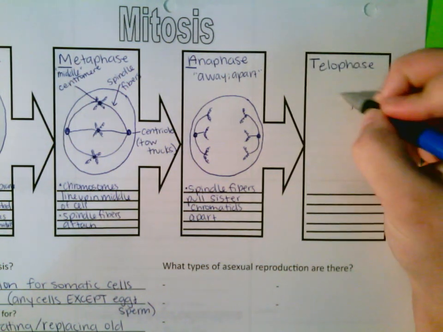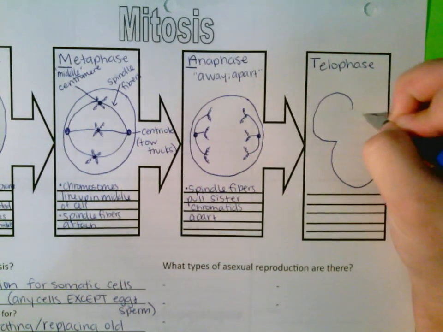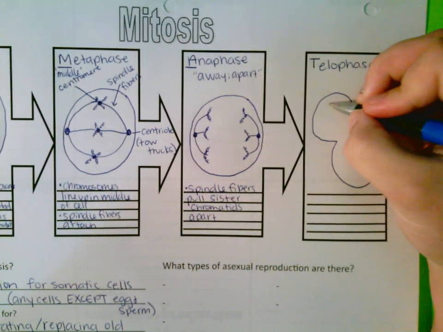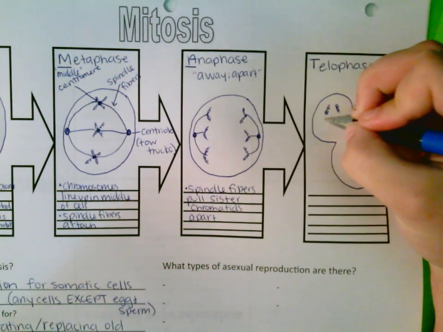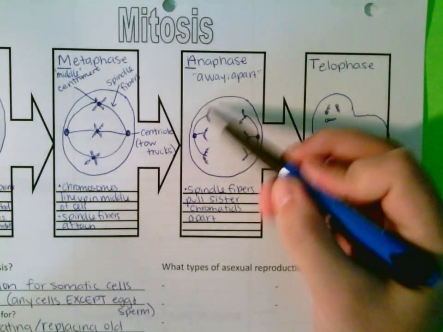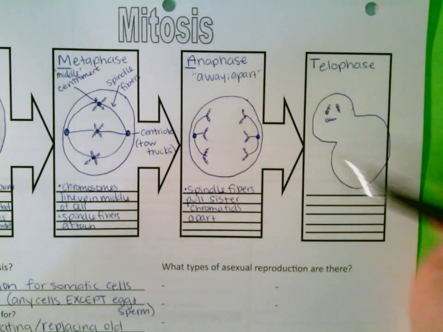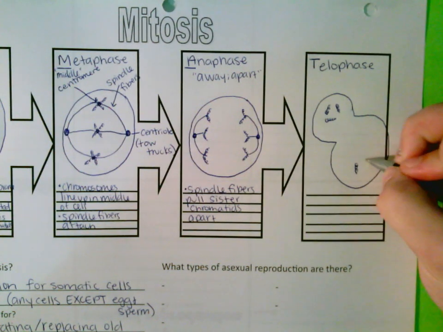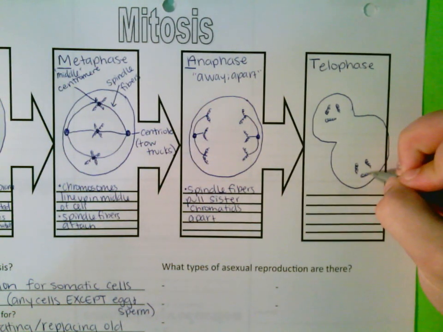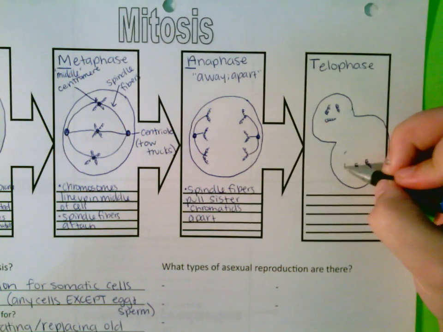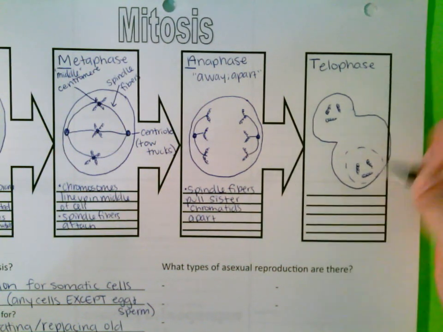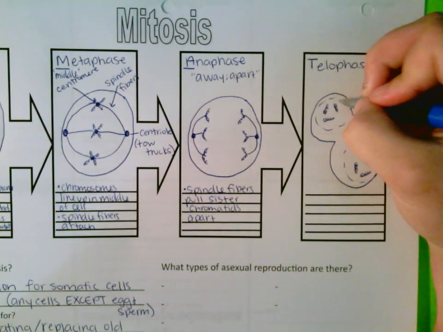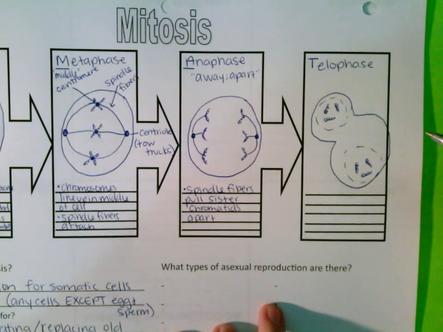And for telophase, we kind of draw like a peanut shape kind of deal. And we have our chromosomes still, they're still hanging out on either side of the cell. This set was pulled to this side, this set was pulled to the other side. And our nuclear membrane starts to reform around that genetic material because our new cells are about to be completely formed.